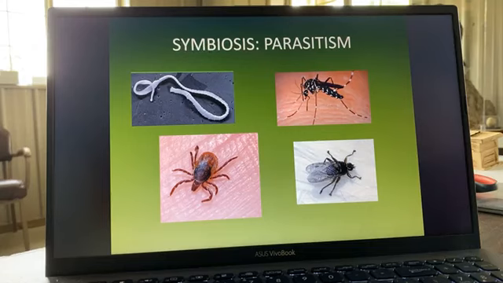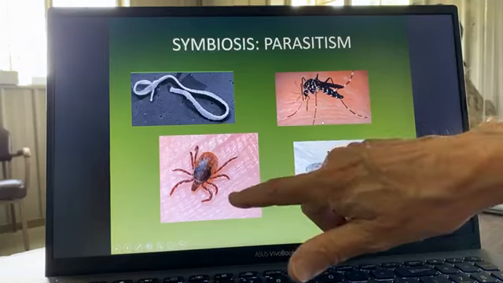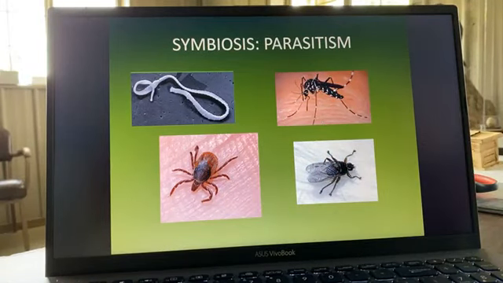But we have some other things, you know, we got ticks. We don't like those. They get on there, suck, and we get no benefit. In fact, sometimes we get diseases like Lyme disease. Mosquitoes, gosh, they spread all kinds of things. You got malaria, yellow fever, things like that.